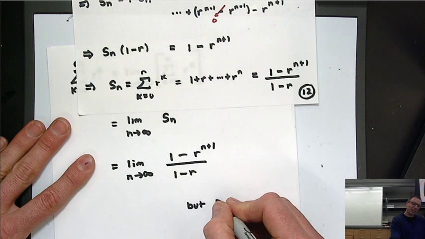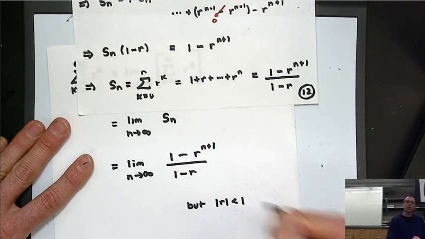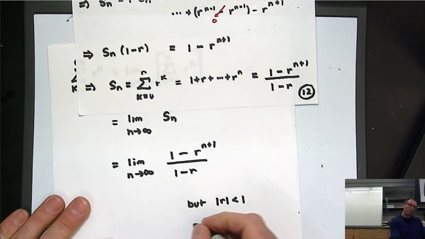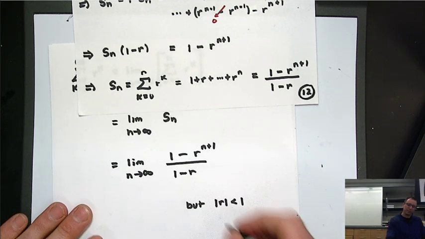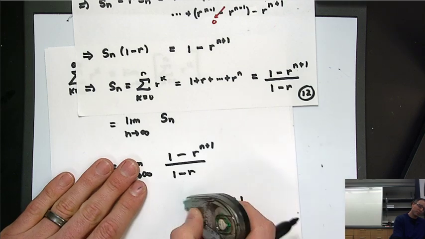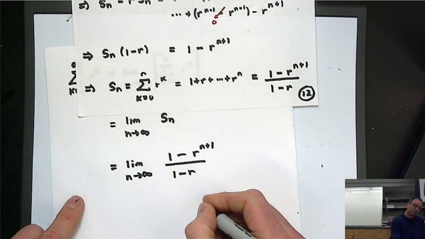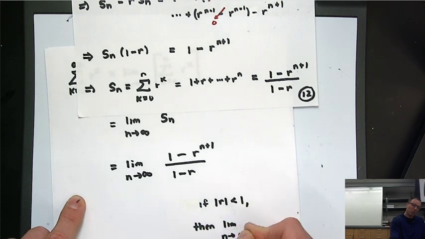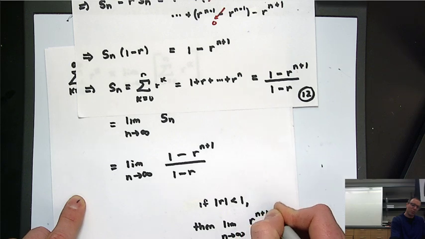What would you say if the magnitude of r was less than 1? What do you know immediately the limit as n goes to infinity of r to the n plus 1 should be?